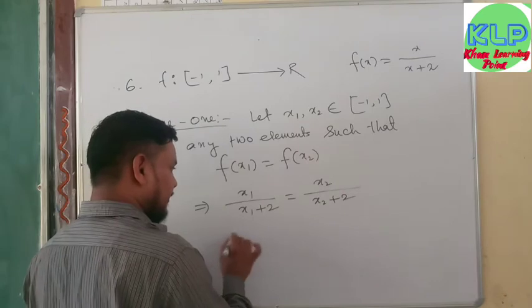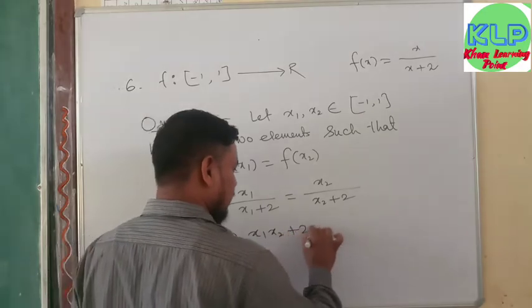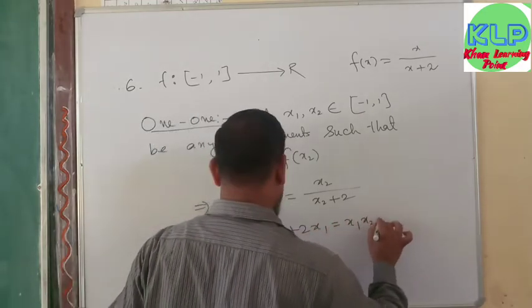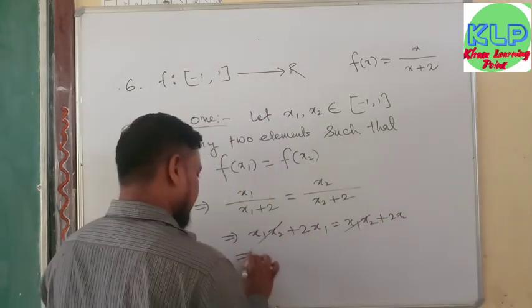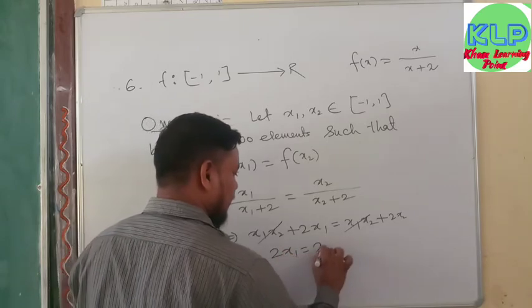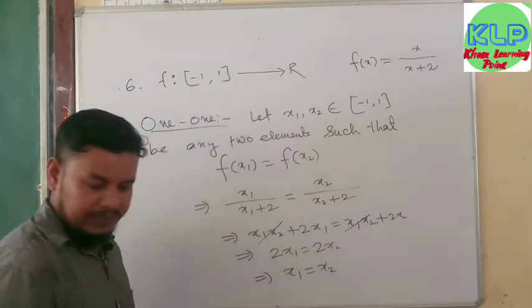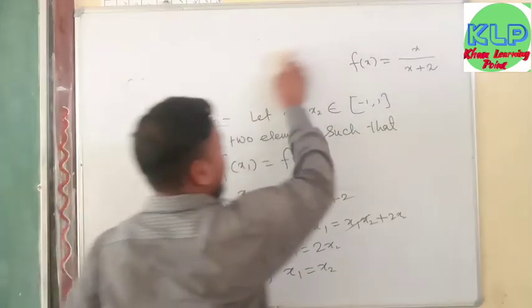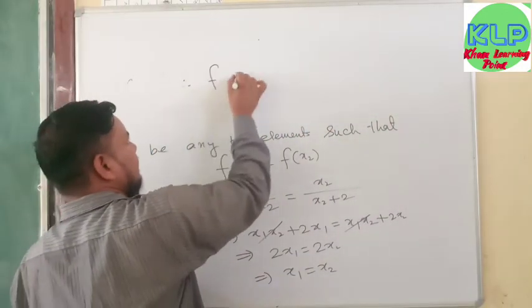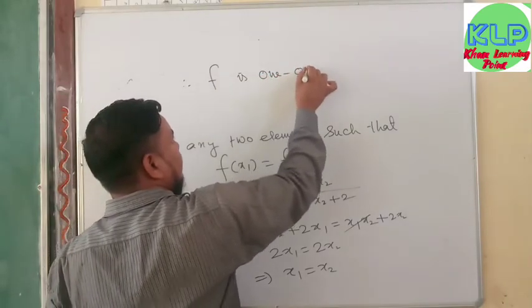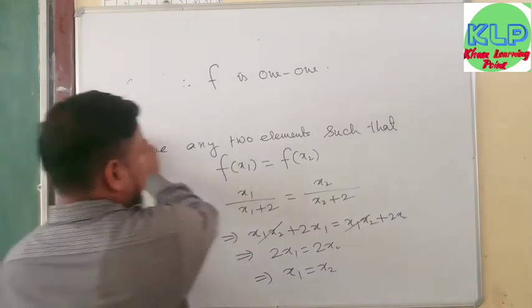Cross multiplying, x1x2 plus 2x1 equals x1x2 plus 2x2, x1x2 cancels, hence 2x1 is equal to 2x2, therefore x1 is equal to x2, hence f is 1-1.